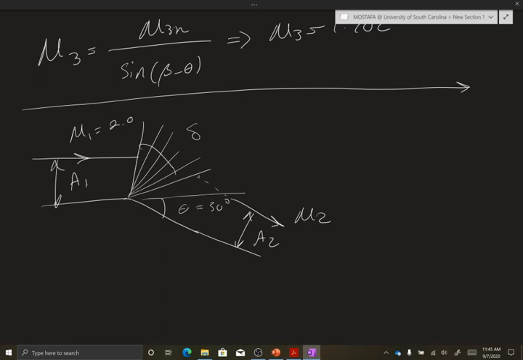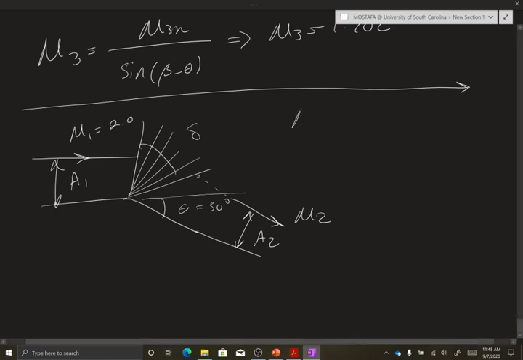So it is a supersonic flow that expands around the sharp corner as shown in the figure, and we are to calculate M2, the area ratios, and also the angle.